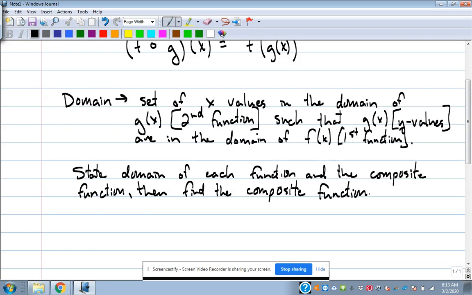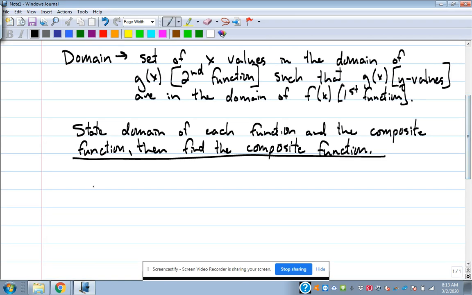That's going to be our instructions for this. A few problems here. We're stating the domain of each function individually, and then we're going to state the domain of the composite function, and then we're going to find that composite function. We're going to do the actual function composition with this.